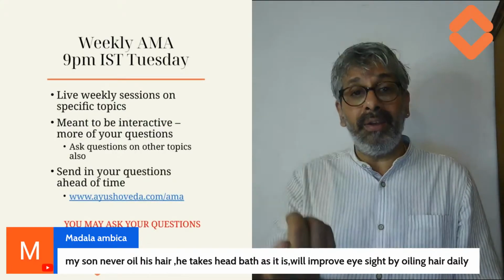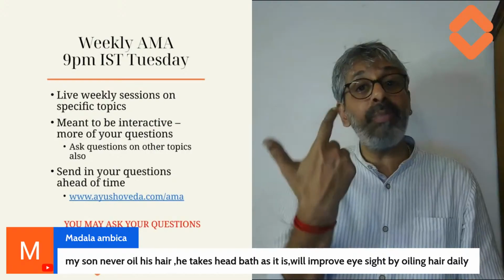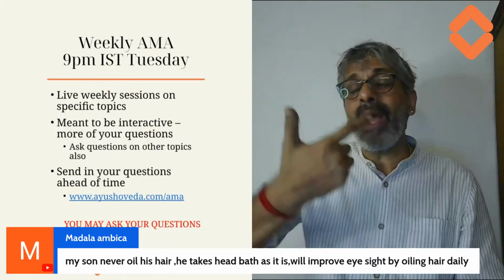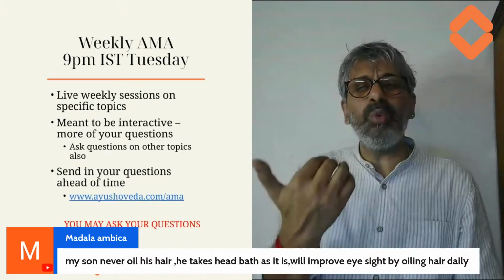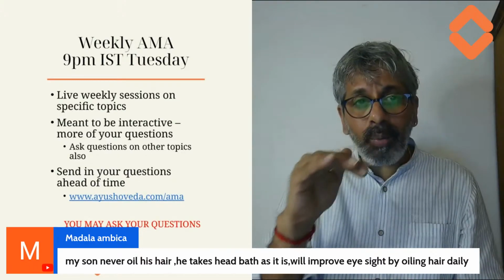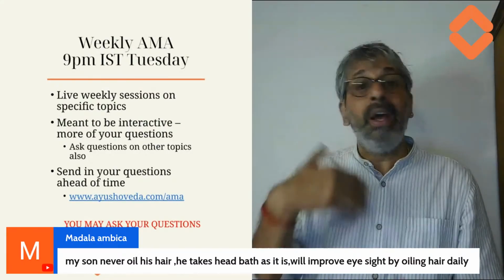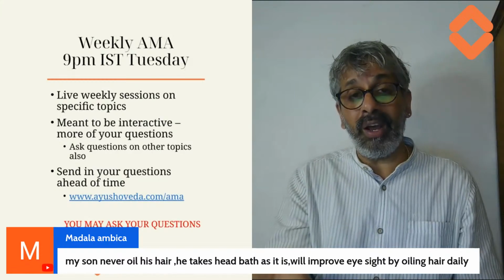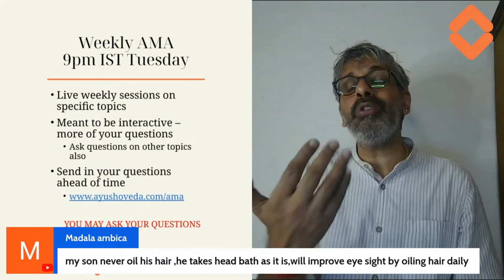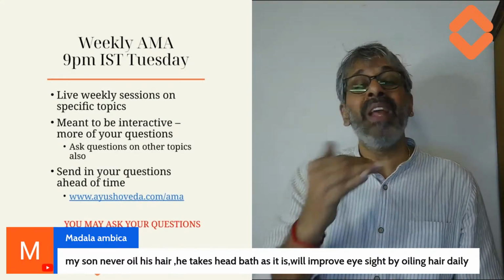Eyesight is basically pitta. When the heat goes up too much, you feel that you have blurred vision. The application of oil will actually cool your eyes. When you go for treatments for eyes, most of the medicines given have ghee as their base.